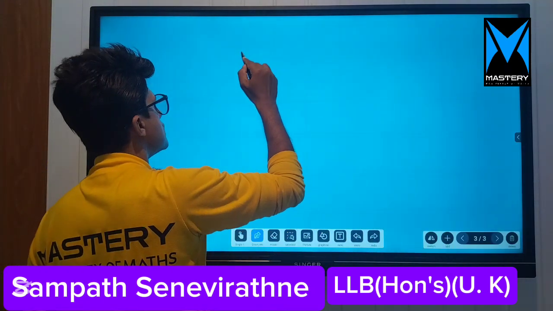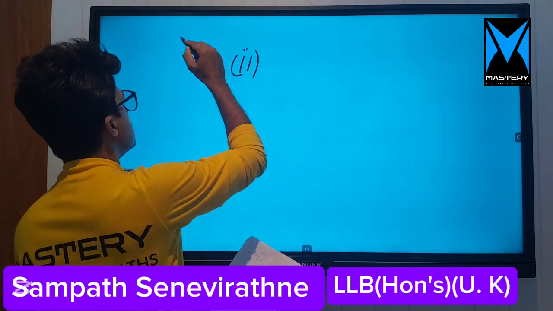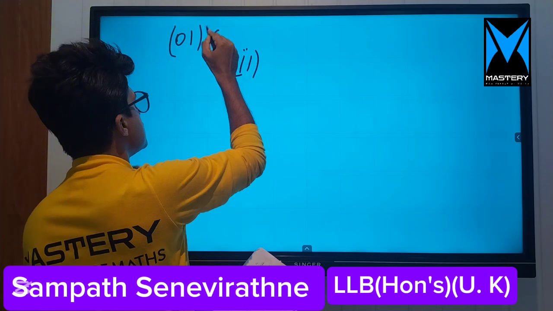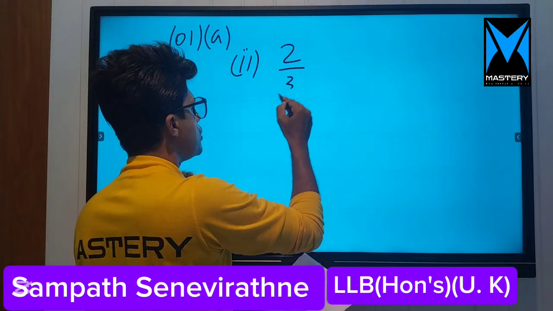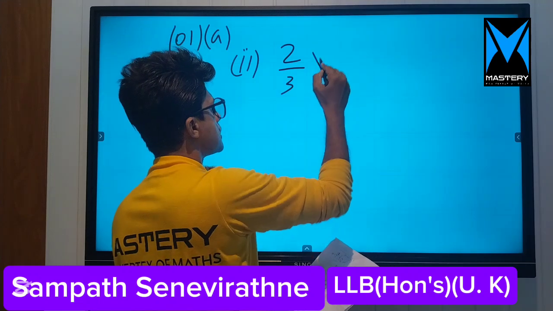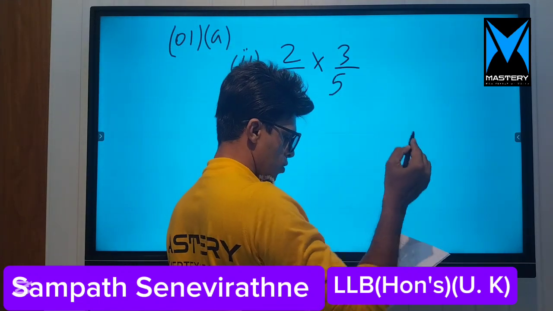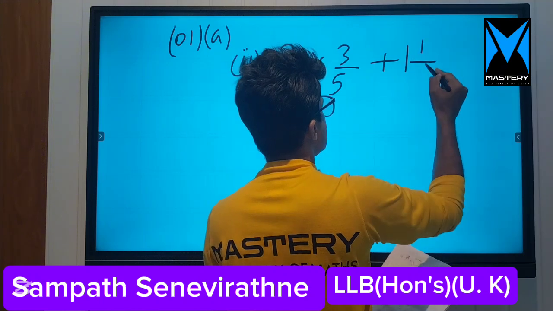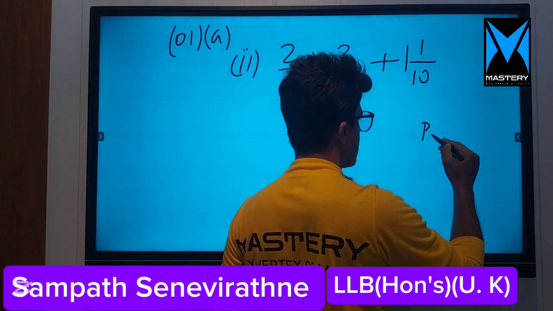The second question of part A is 2/3 of 3/5 plus 1 over 10. Definitely you will see these types of questions in your test paper. The BODMAS system can be applied here.